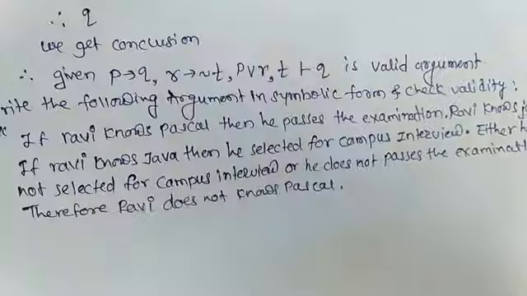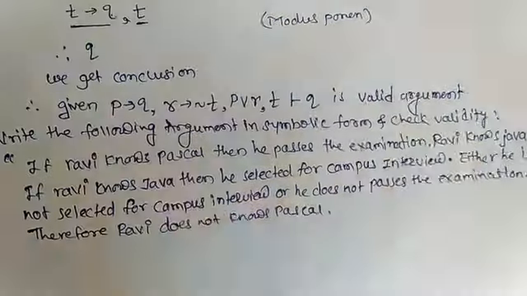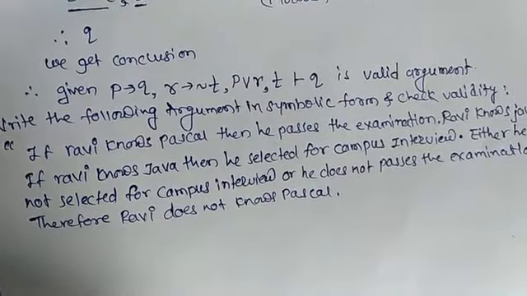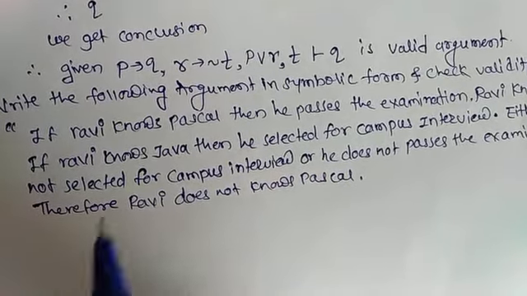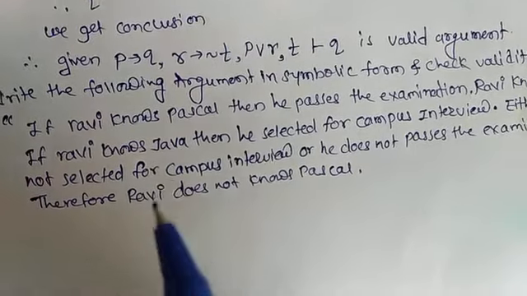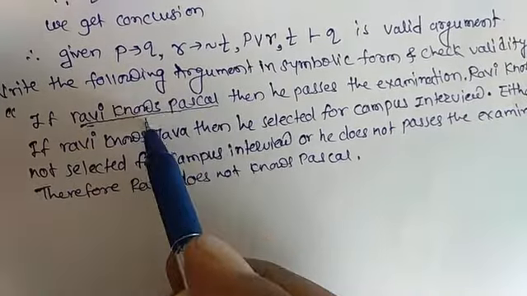Okay, so this is the question which we have been given. From this, first we have to convert this argument into symbolic form. Now here it is given that Ravi knows Pascal, which is our first statement.